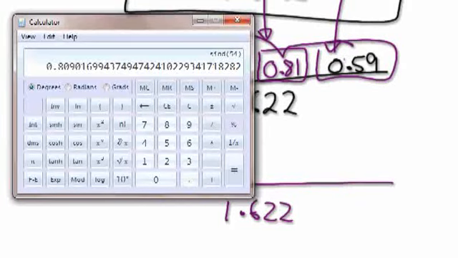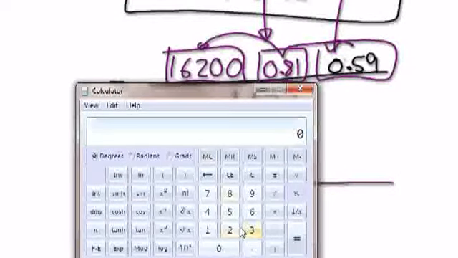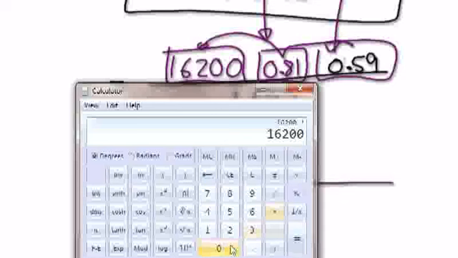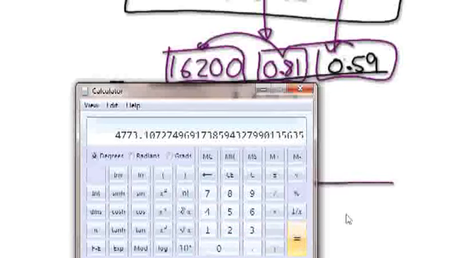So it will be 16200 times 0.81 times 0.59 equals this, divided by 1.622 equals.